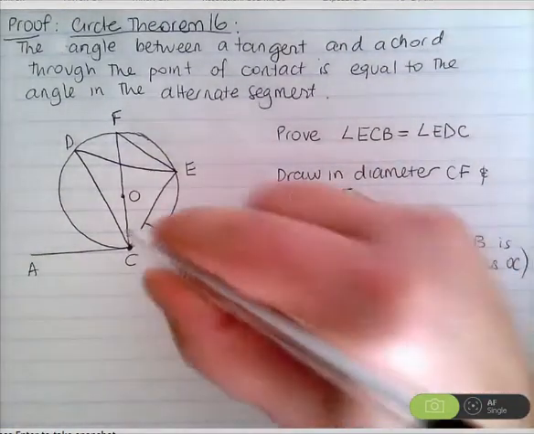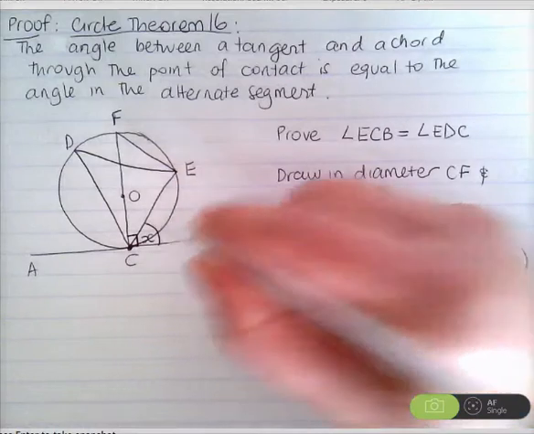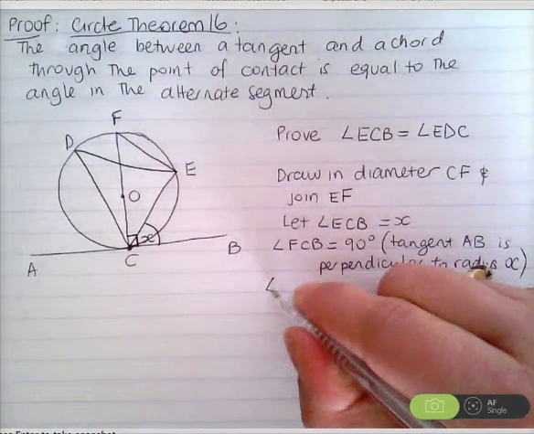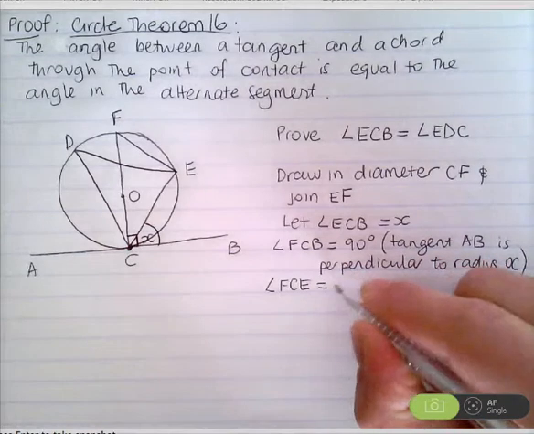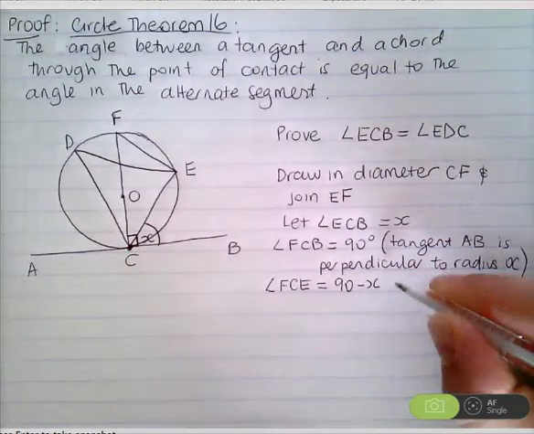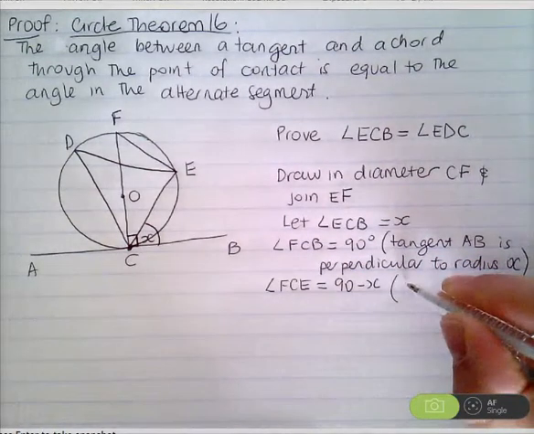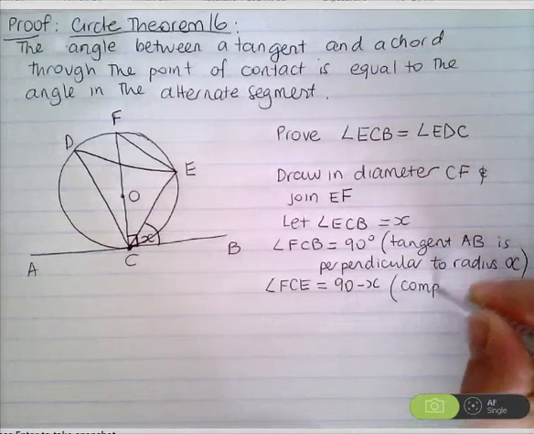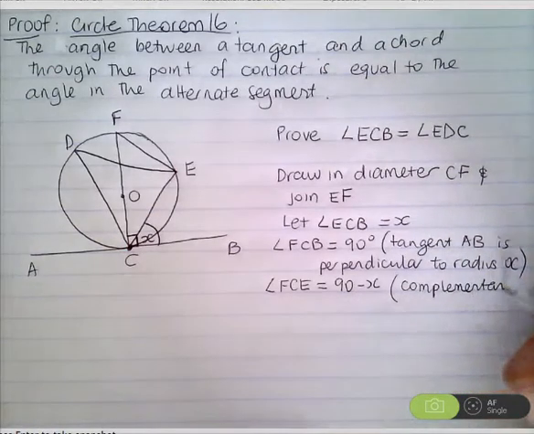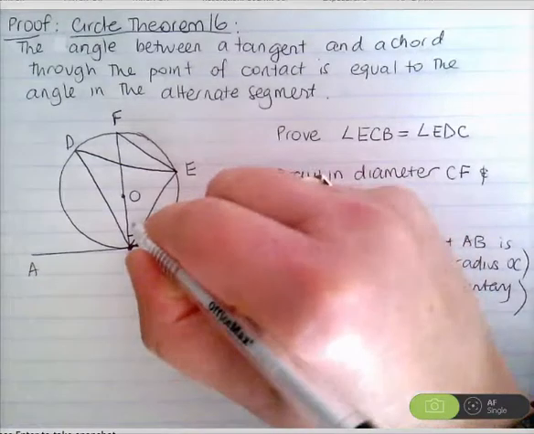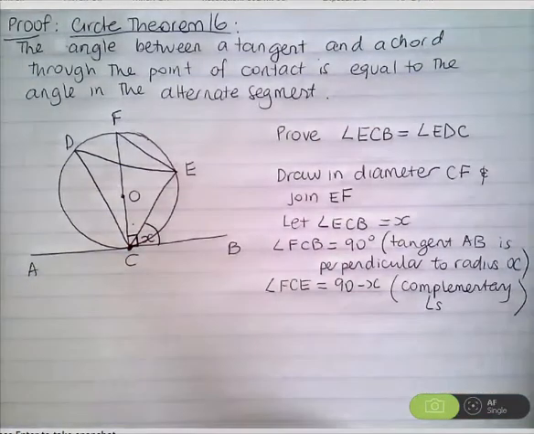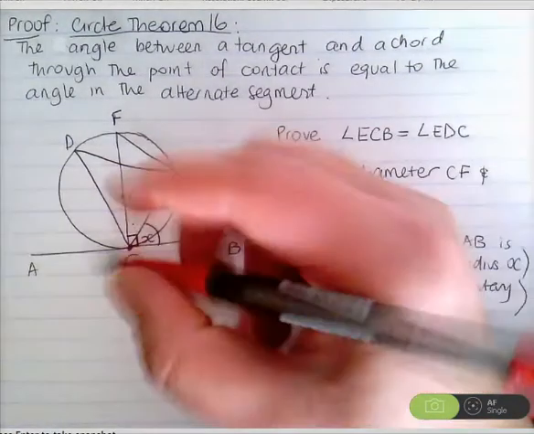Now, if that's a right angle and this angle here is X, we can say angle FCE is equal to 90 minus X. Again, you've just got complementary angles there. So this angle in here would be 90 minus X. I'll put that in, but I'll just do it in red.